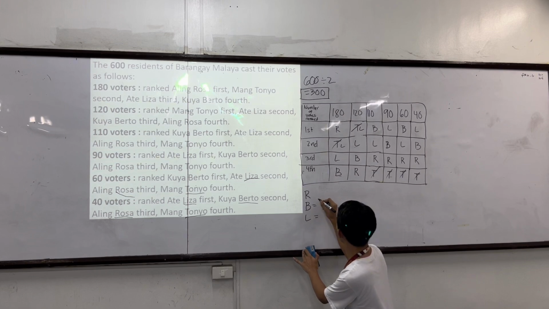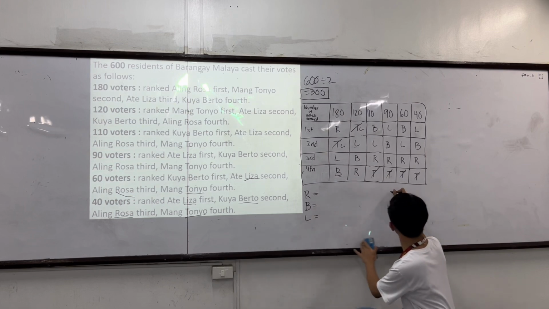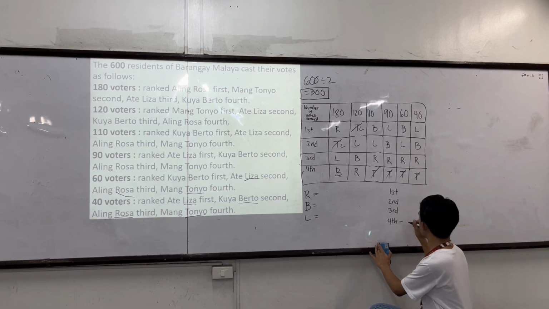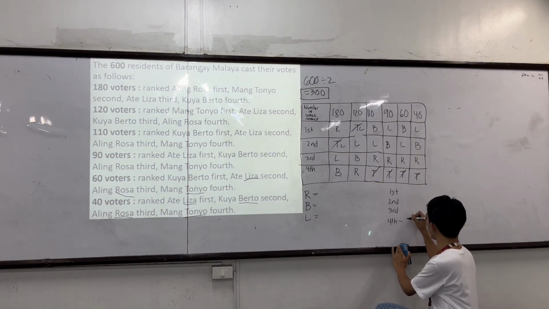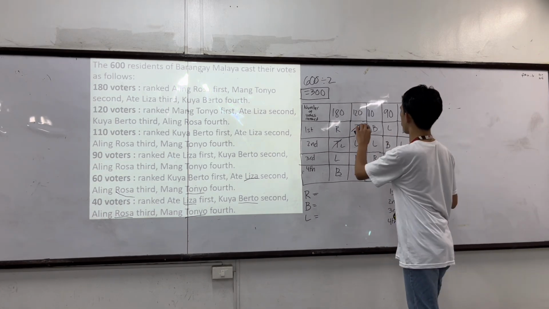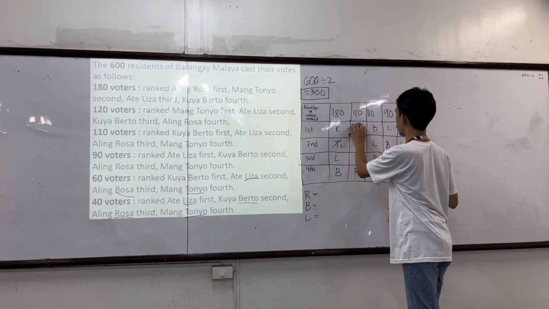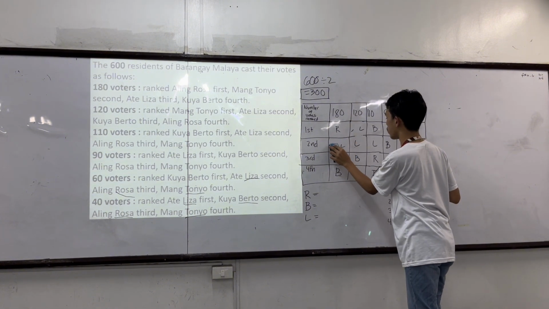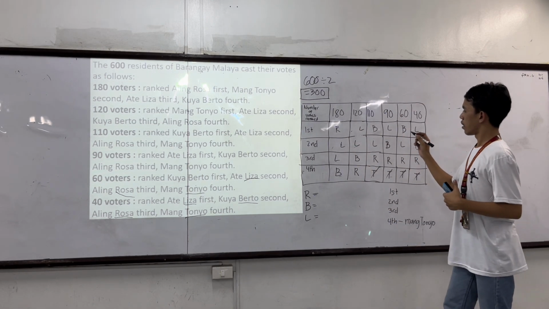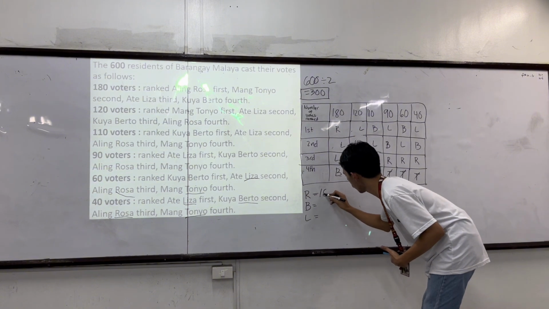Now in the second round, Aling Rosa is always the same, 180.